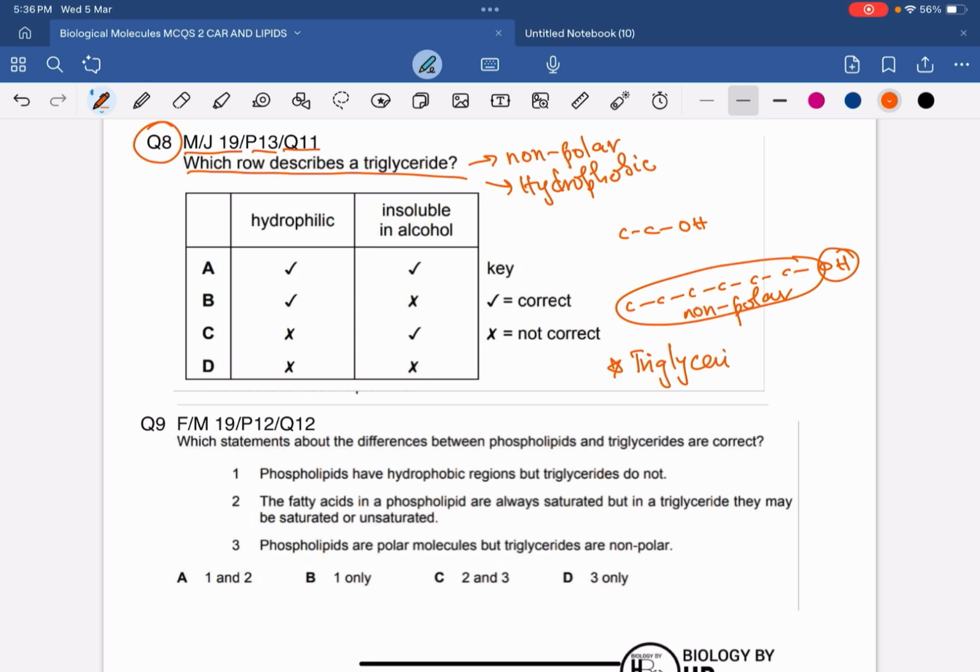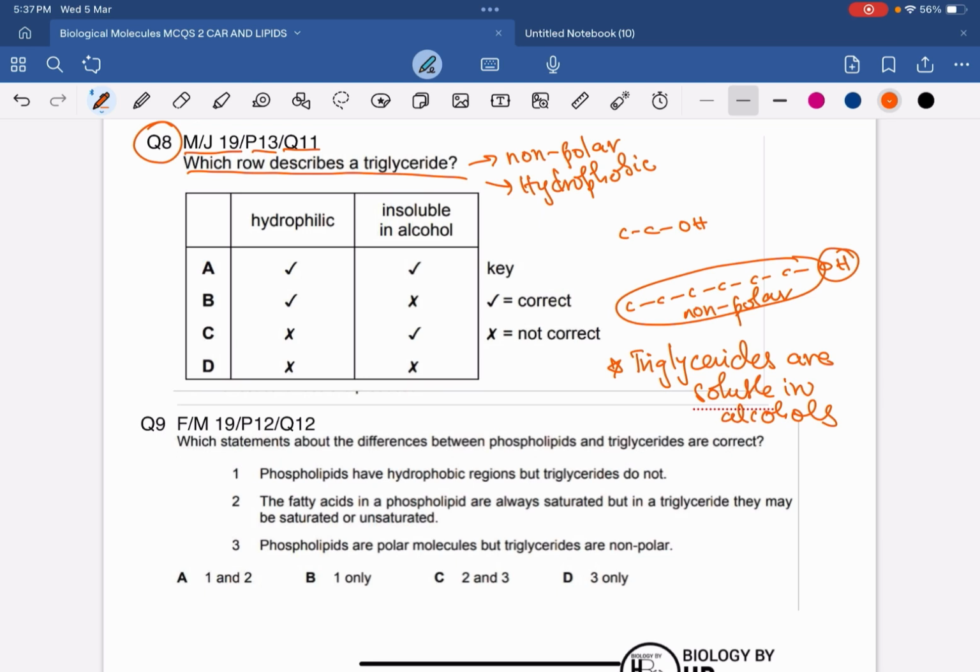For the A levels, you have to remember that the triglycerides are basically soluble in alcohol. And if you have to be more specific, the higher alcohols, for example butanol, pentanol, like this, right?